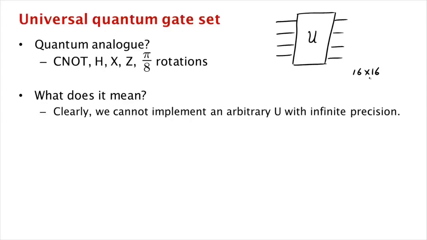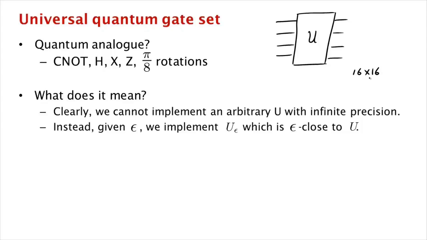So instead, for any given epsilon, we'll implement an approximation U sub epsilon, which is epsilon close to U. And it turns out that if U is given by a D by D matrix, and you want to be epsilon close to the answer, the number of these elementary gates that we need scales like D squared times some polynomial in log 1 over epsilon.